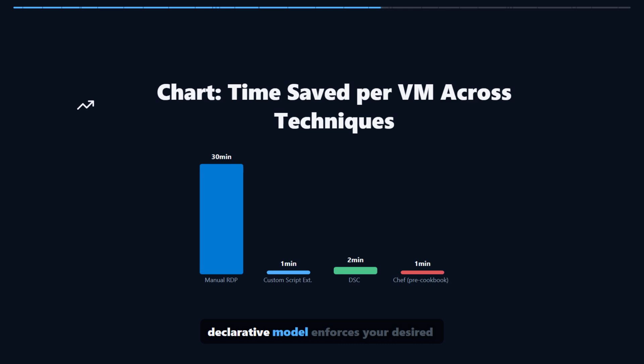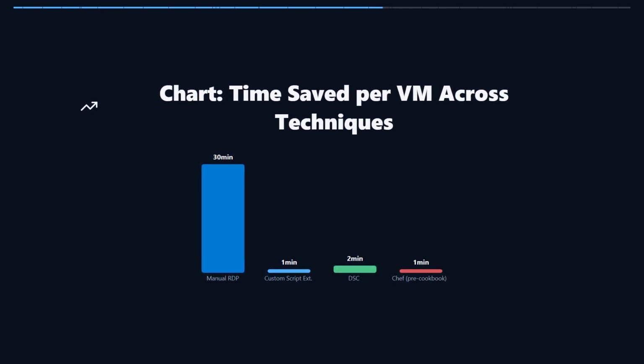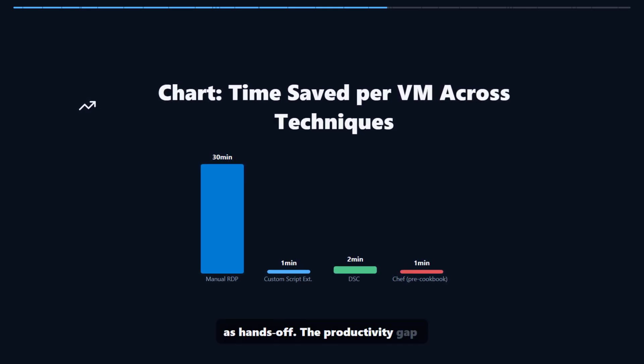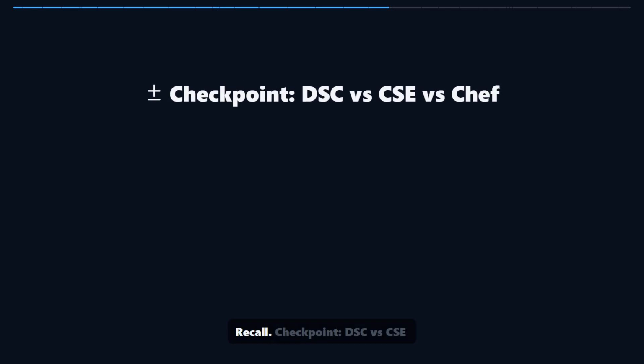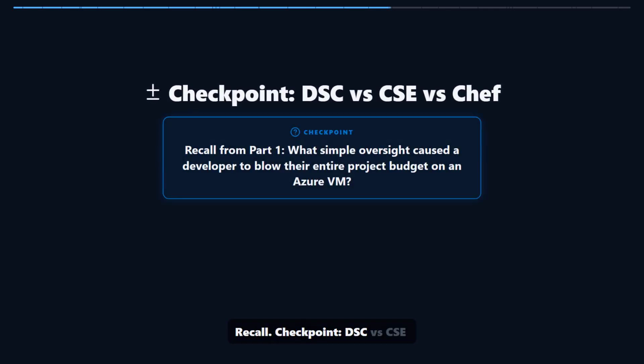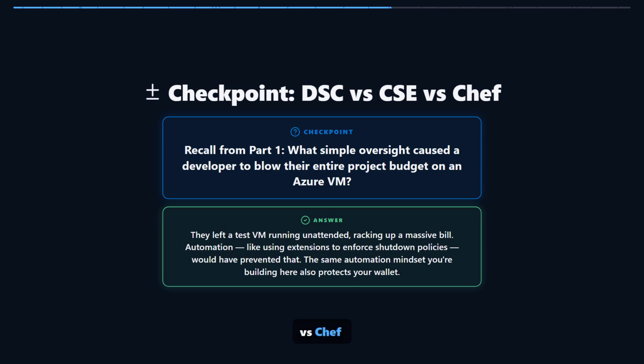DSC's declarative model enforces your desired state continuously with no extra clicks. And if you're already using Chef with prepared cookbooks, applying the run list is just as hands-off. The productivity gap is huge once you start deploying at scale. Recall, checkpoint, DSC versus CSE versus Chef.